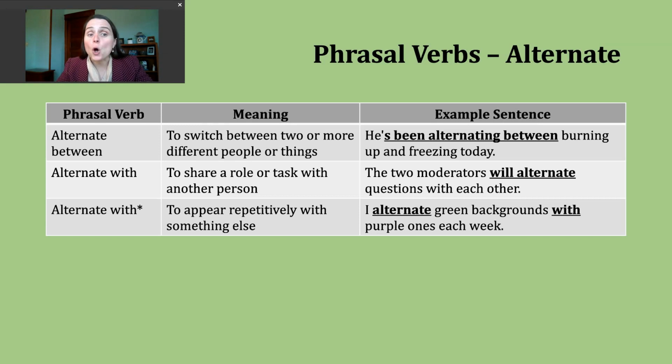A second way to use alternate with is to mean that something is appearing repetitively with something else. An example of this might be, I alternate green backgrounds with purple ones each week. I've actually had this question asked a couple times in my videos. Why these particular colors?